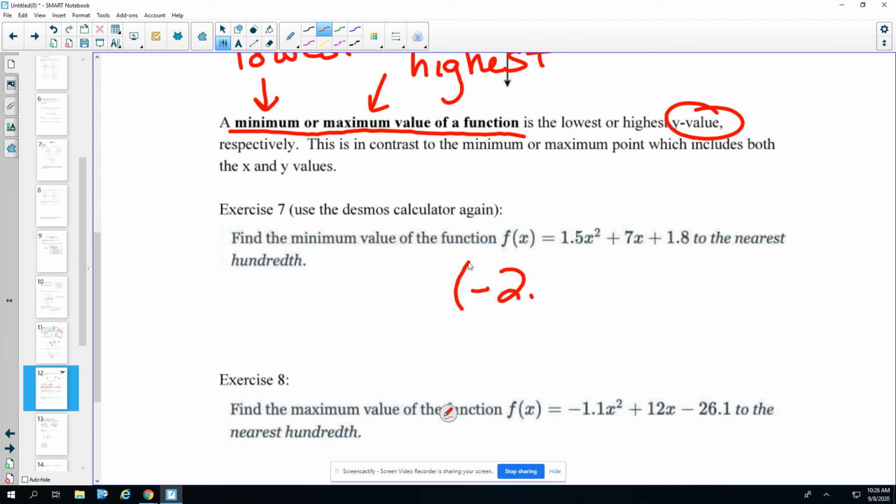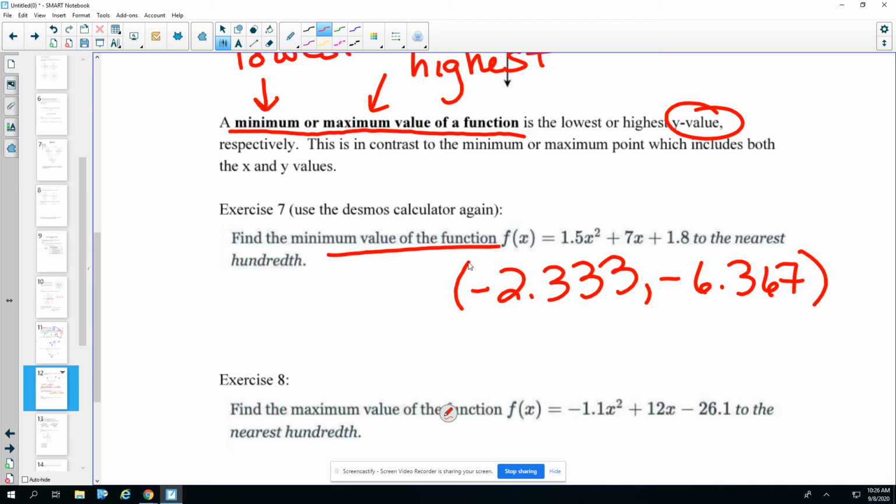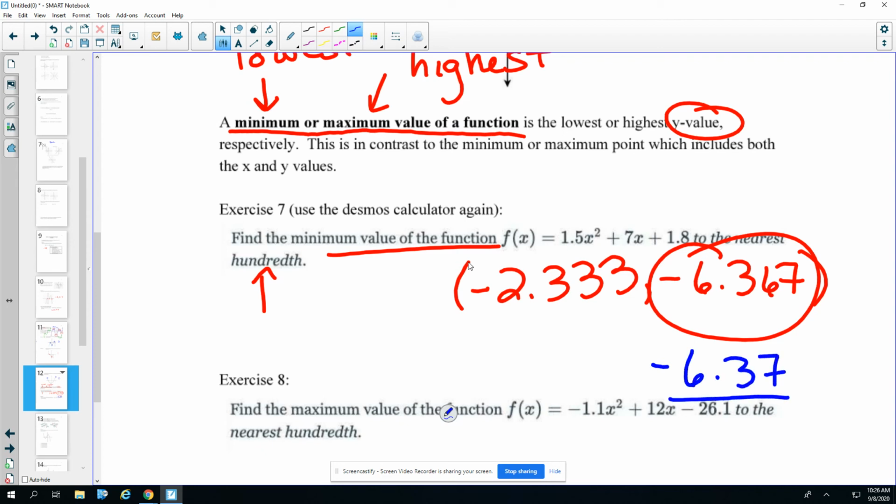So negative 2.333, negative 6.367. So value of a function is a y value. That's the number, and I want to round it to the nearest hundredth. So that's going to be negative 6.37 for my final answer.